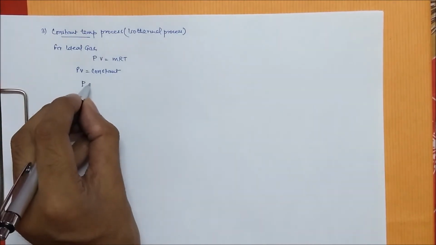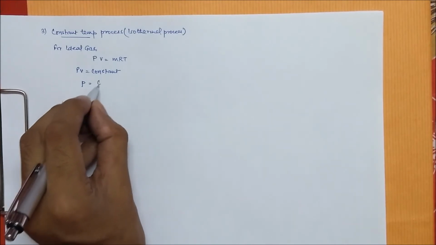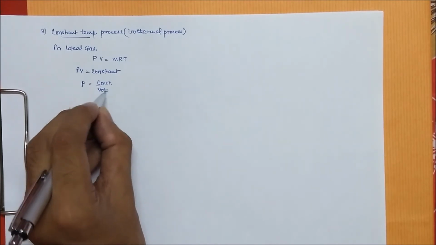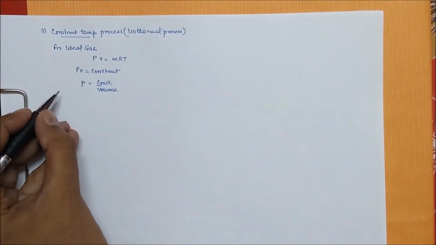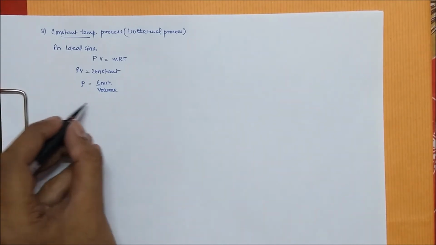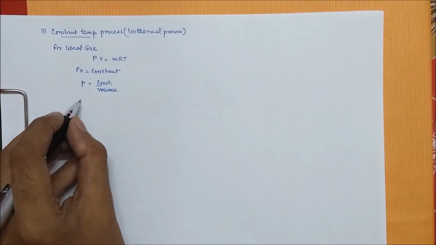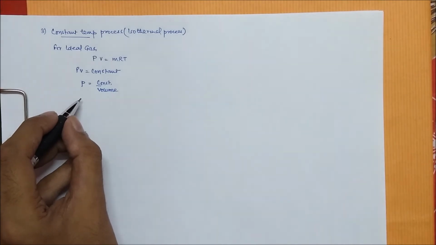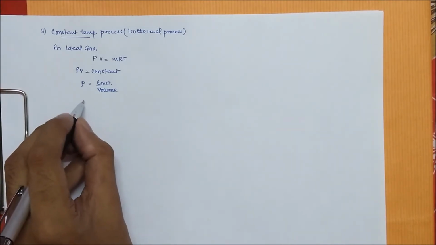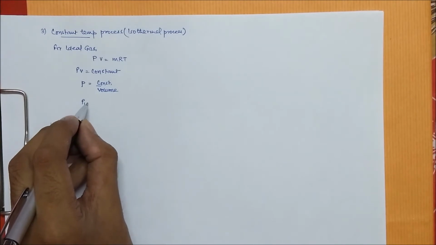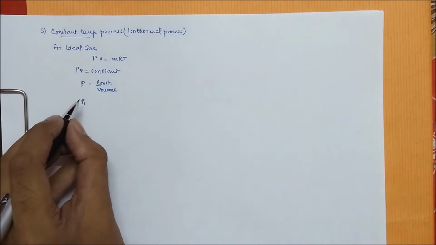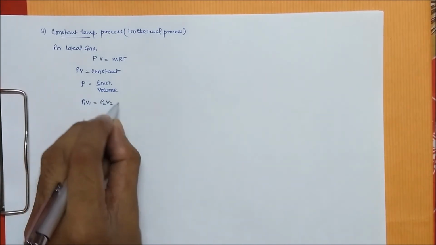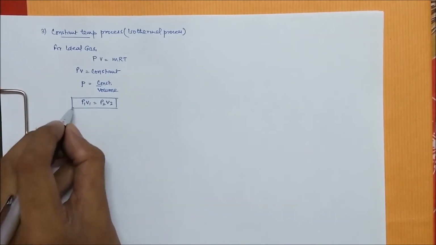From here we can have P is equal to constant by volume. That means P1 V1 is equal to P2 V2.